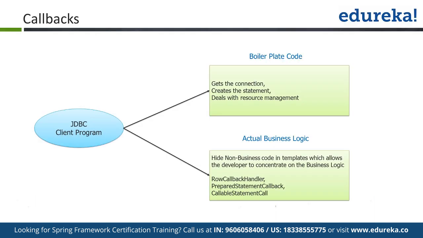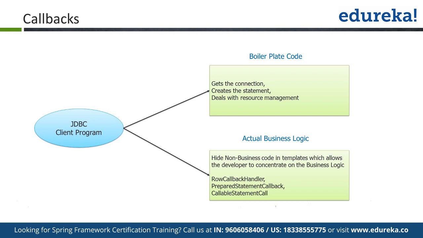So what we have learned so far with the help of the Spring JDBC template APIs, with the help of JDBC client program or JDBC template, is that we remove the boilerplate code like handling of connections, statements, dealing with resource management and all those kinds of things. This boilerplate code is reduced or separated out by the abstraction layer of the Spring JDBC API. It's segregated. We get rid of these things without much hassle with a piece of configuration.